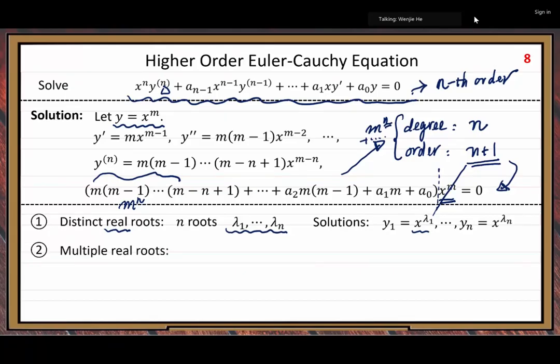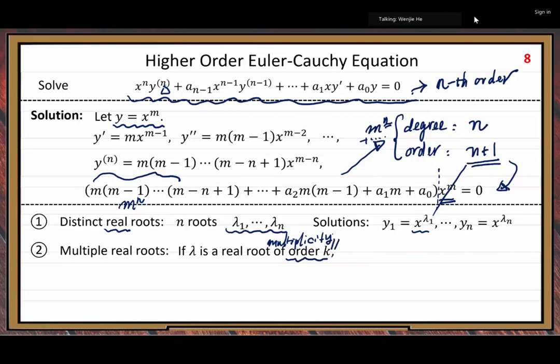Case number 2, multiple real roots. One root repeated a certain number of times. That's a special case. So we just consider multiple roots: lambda a real root of order n. Here you can see the word order used another time. There is another name we call the multiplicity, multiplicity k.